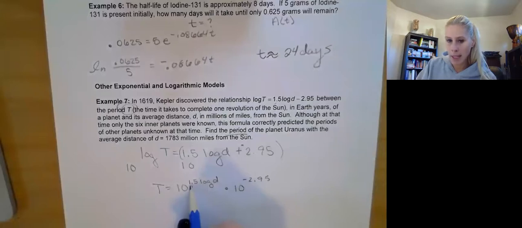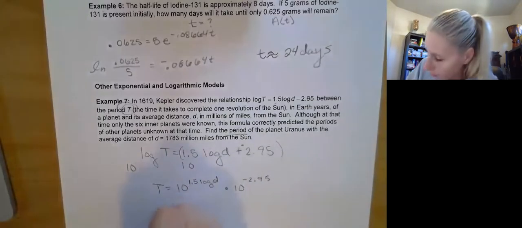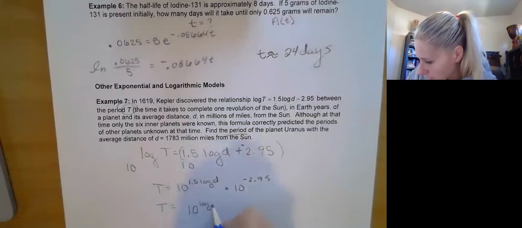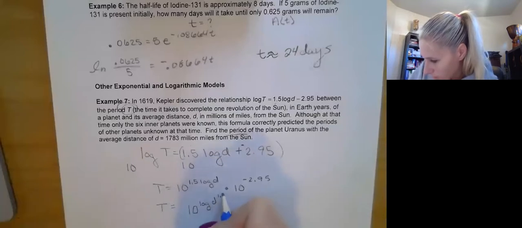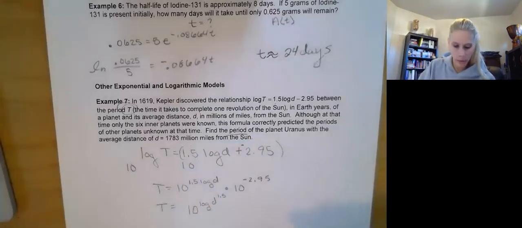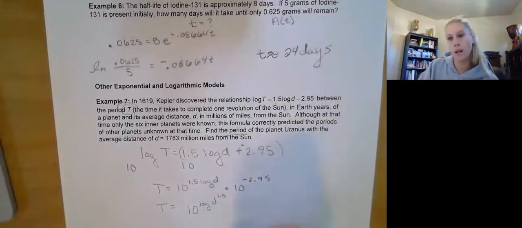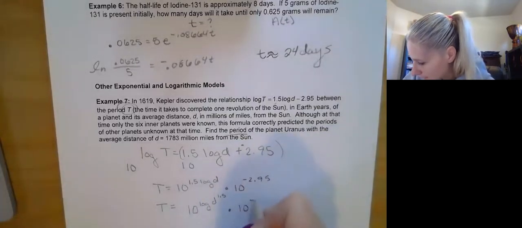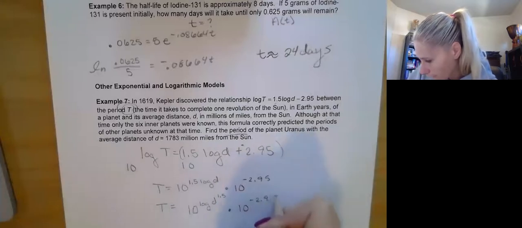Now, what does it mean when a coefficient is in front of log? Well, what that means is it becomes an exponent. So I have 10 to the log d to the 1.5, times 10 to the negative 2.95.